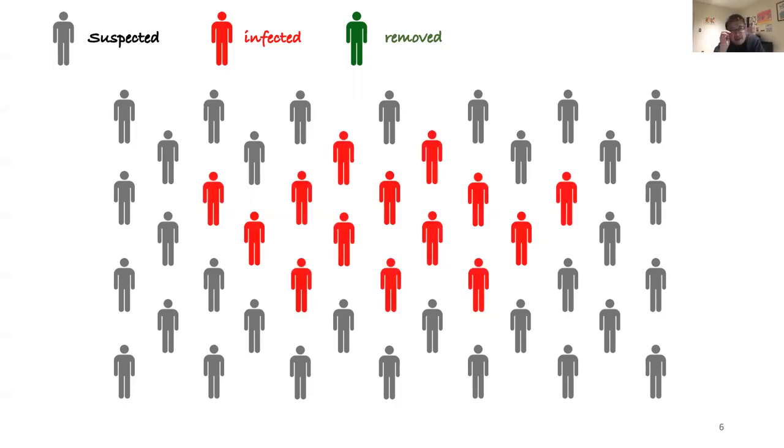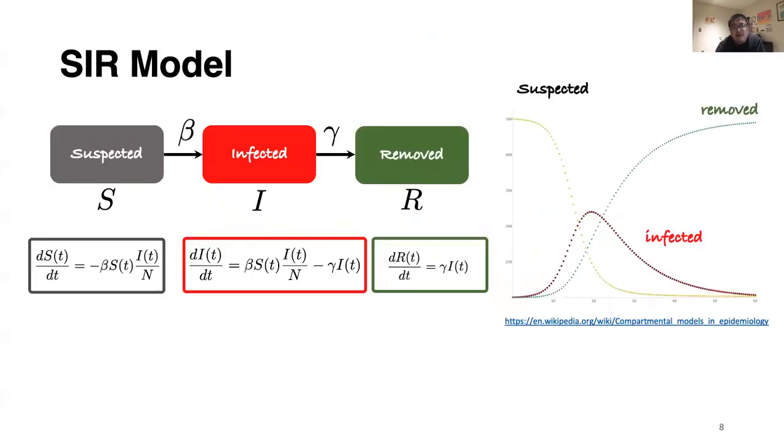And at the same time, with the ongoing progression of the disease, some of the infected cases will become removed. They can either be cured or dead. So that's how these three compartments are defined. The most basic SIR model looks like this.